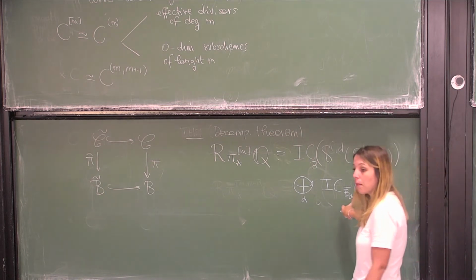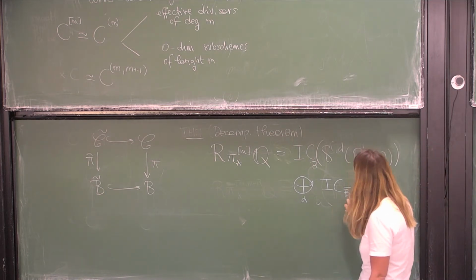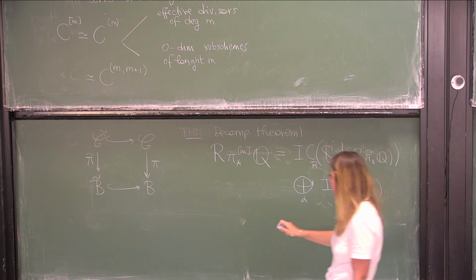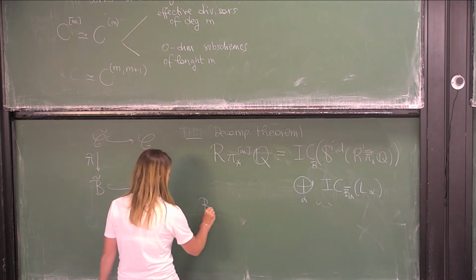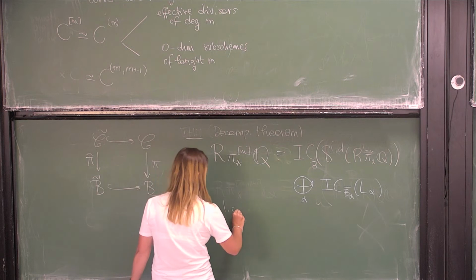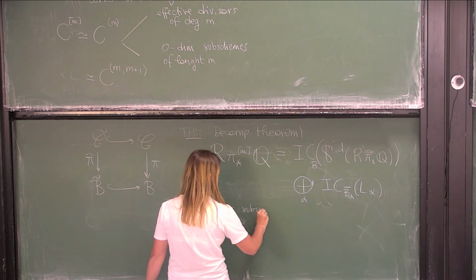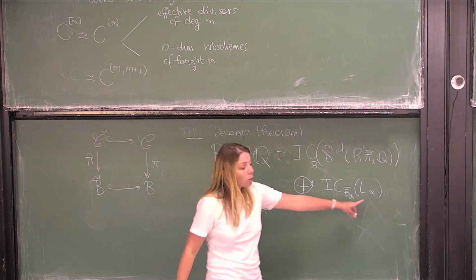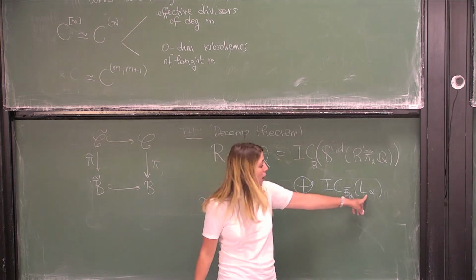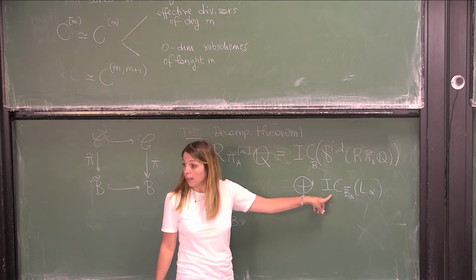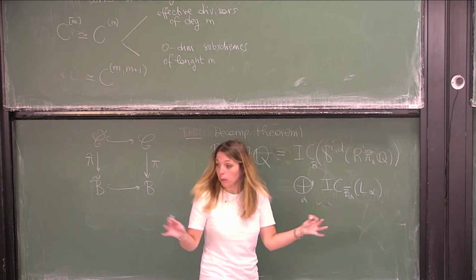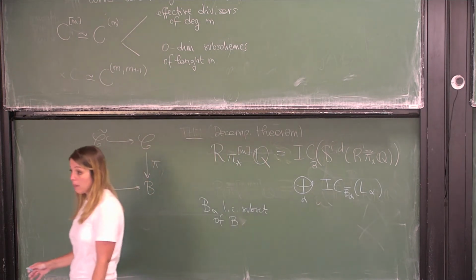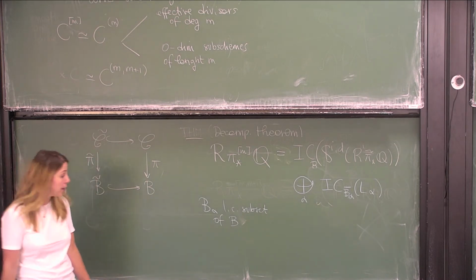I will have some locally closed subset B alpha of our base and some local system on them, and I take the intersection complex. So this B alpha will be supported on strictly lower dimensional subvarieties, okay?